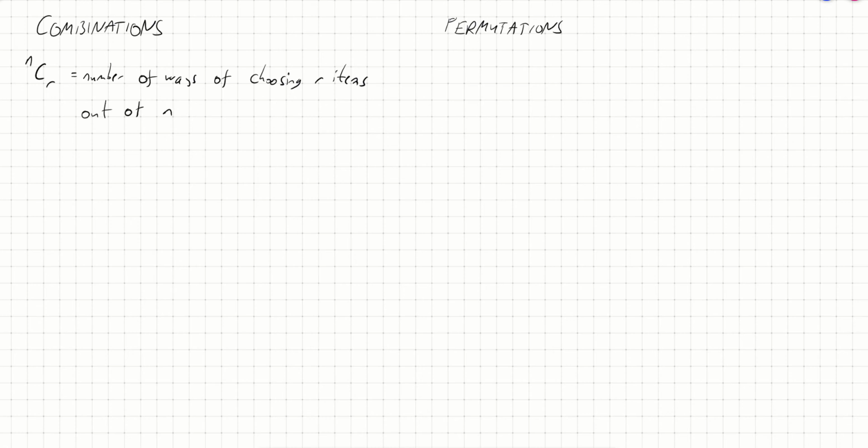So we have n items and we're choosing r of them without replacement, and the key thing that makes it a combination is where order does not matter.